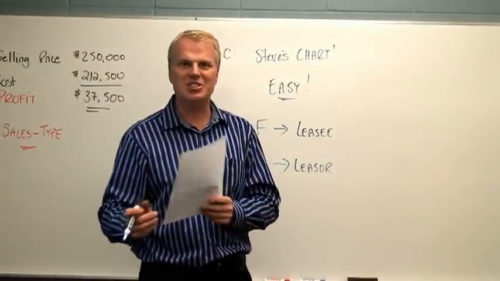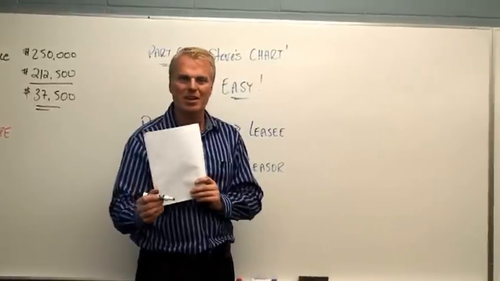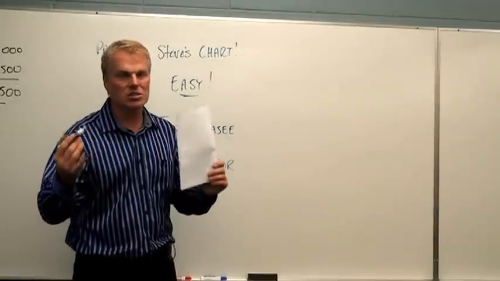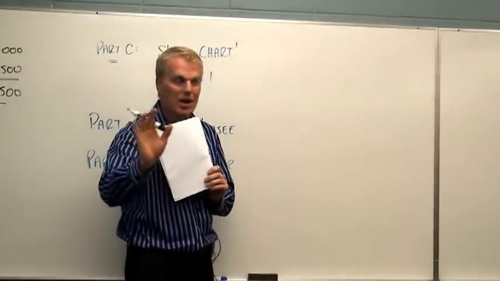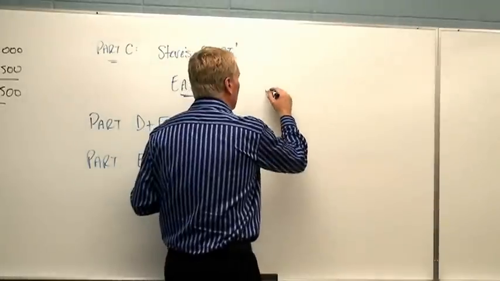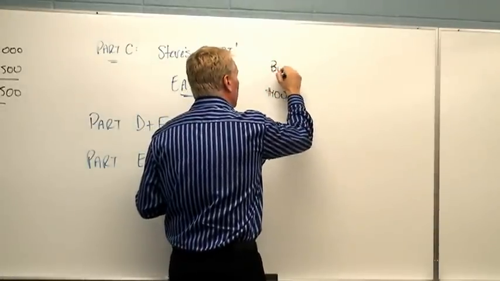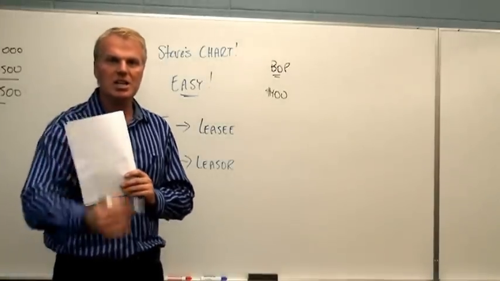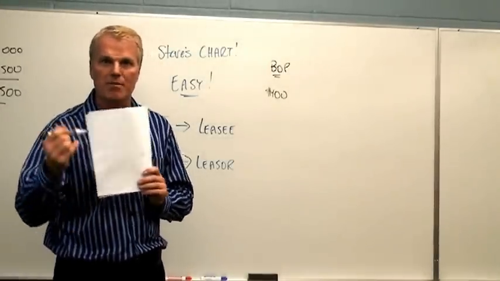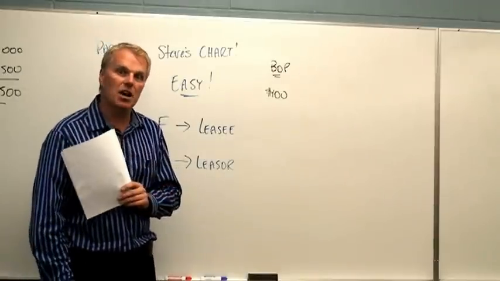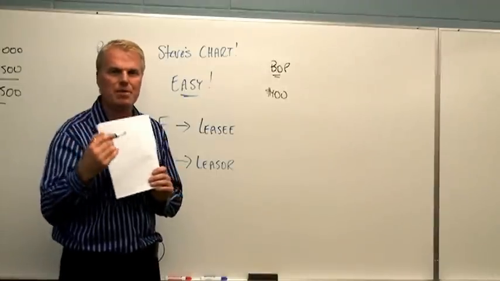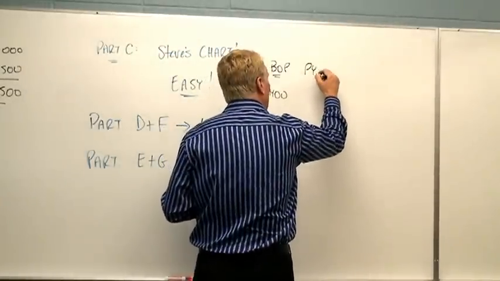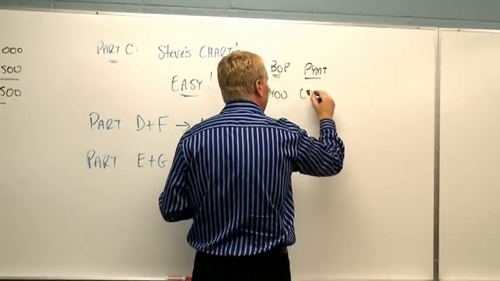Victoria, as you know, is basically holding the camera for me, and I'm going to use her as an example of how I would create Steve's chart so easily. I'm going to lend Victoria right now $100. That is my beginning of period amount, or my opening balance. She's going to take this $100 and go to the bookstore and buy a book. She does. It's for $90. She comes back and gives me a payment of $10, all in that first day. So her payment is $10.